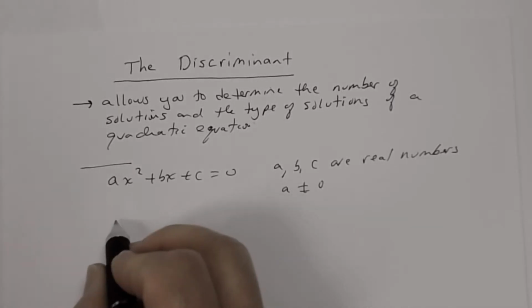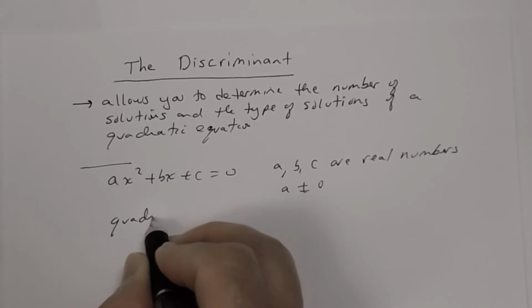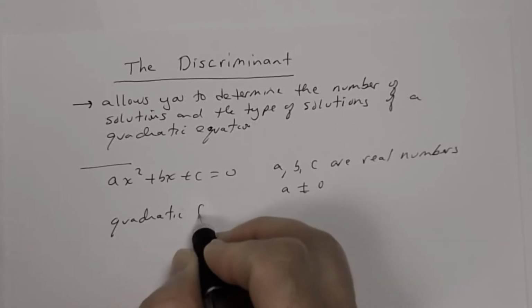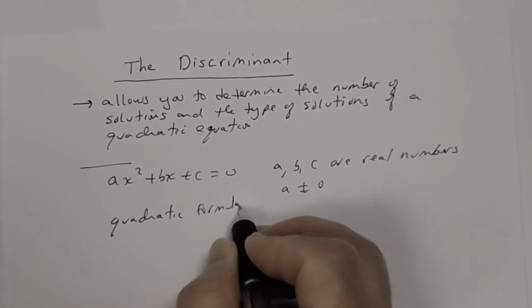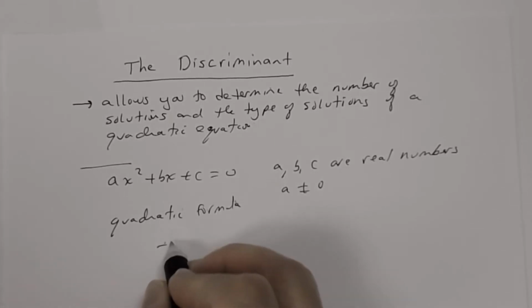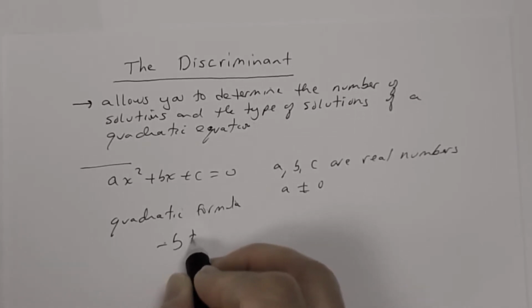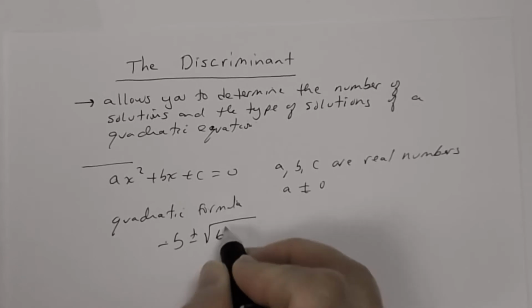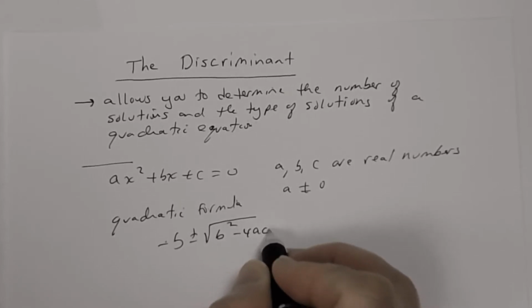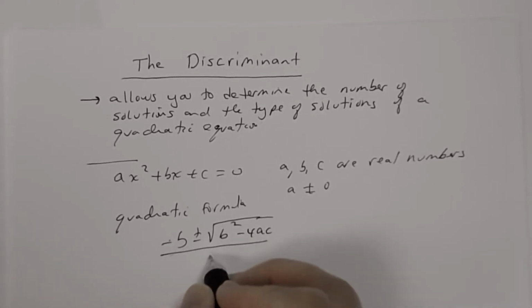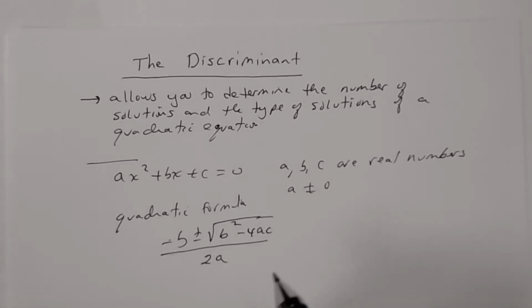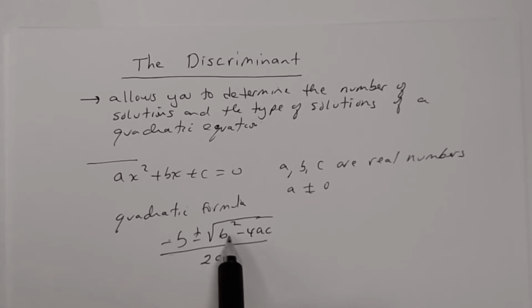Okay, so then remember, when you solve these quadratic equations, one way you could solve these is using the quadratic formula. So when you look at the quadratic formula, remember it's negative b, so the opposite of b, plus or minus the square root of b squared minus 4ac, all of that divided by 2a. And so it turns out that the discriminant is this expression that's in the radicand.